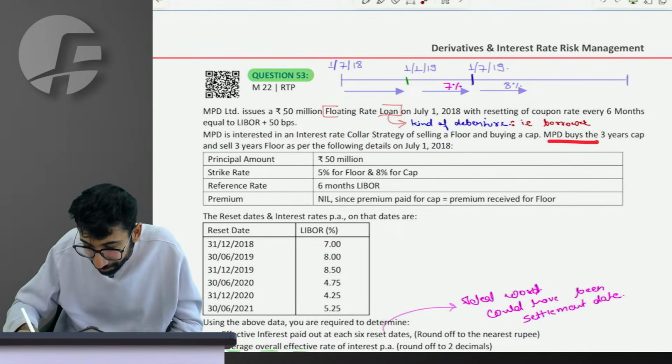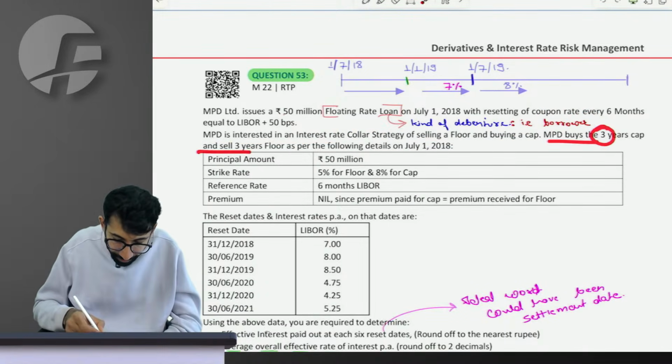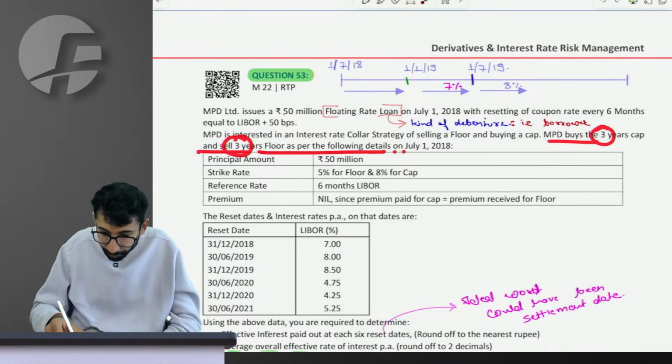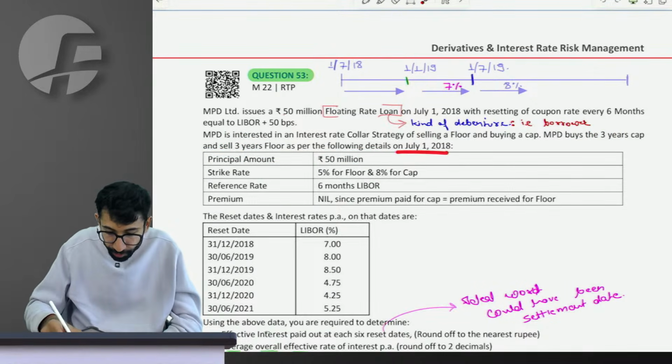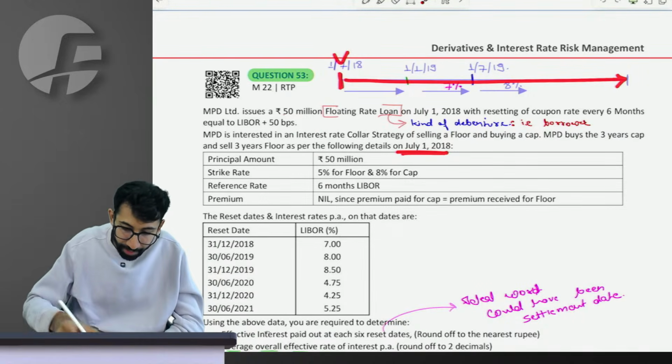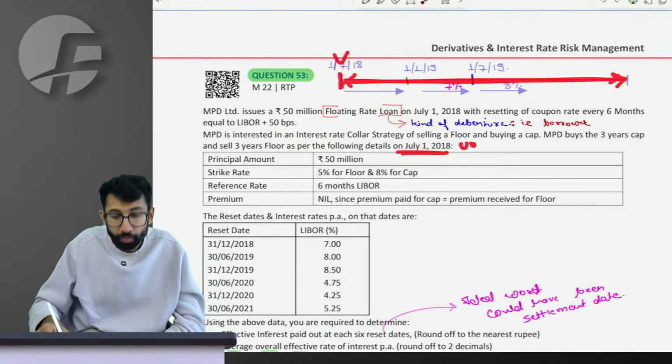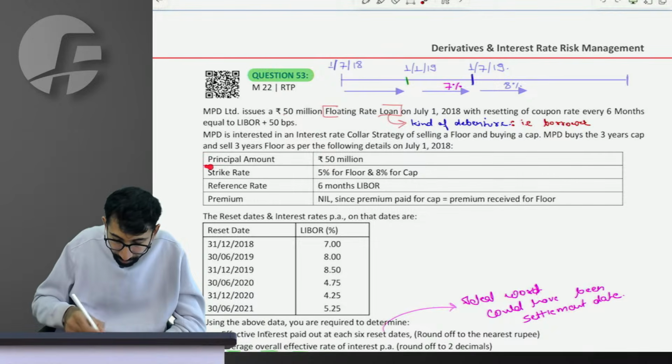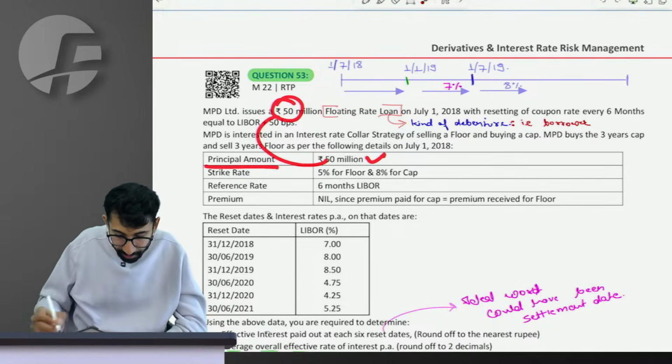Sir, MPT buys a 3-year cap and sells a 3-year floor with the following details. On 1st July, you do the transaction. Principal amount 50 million, same as the spot market.